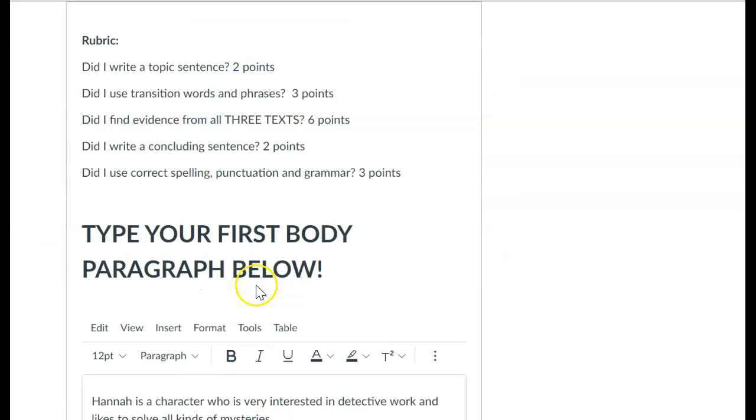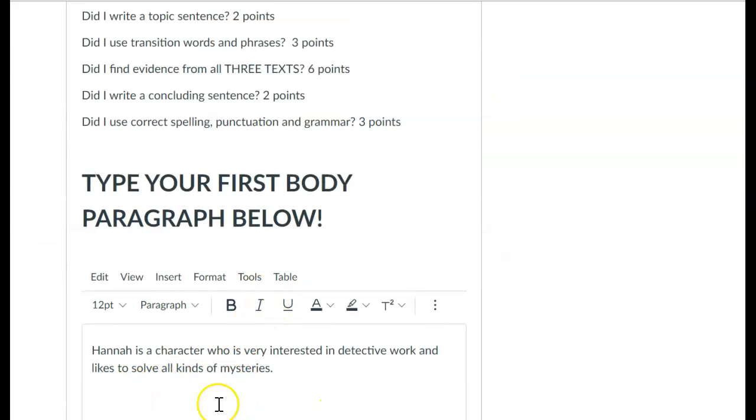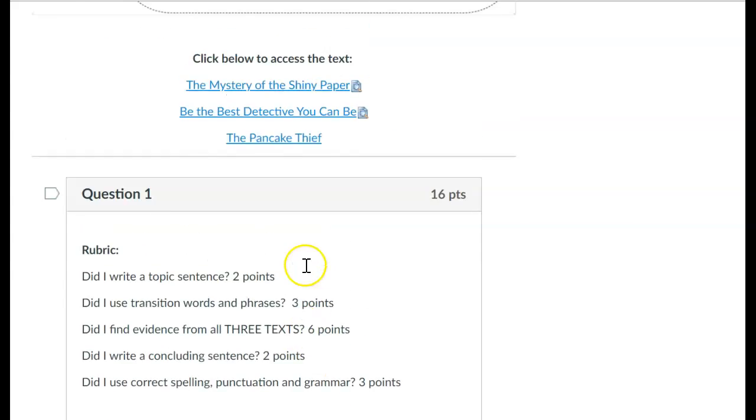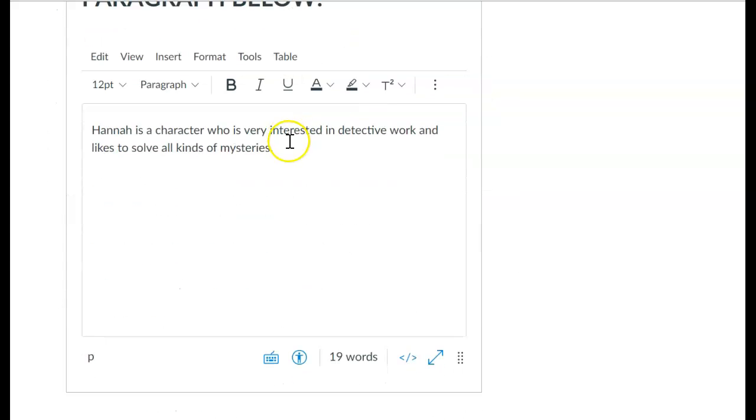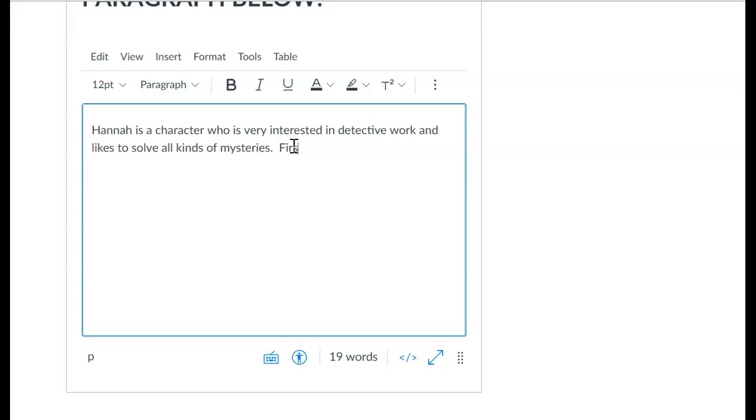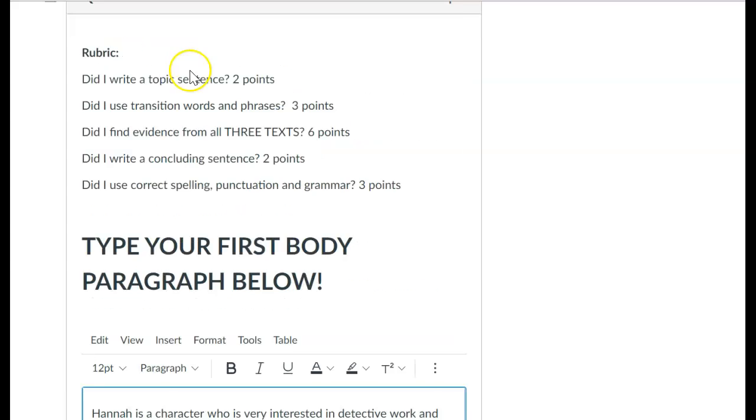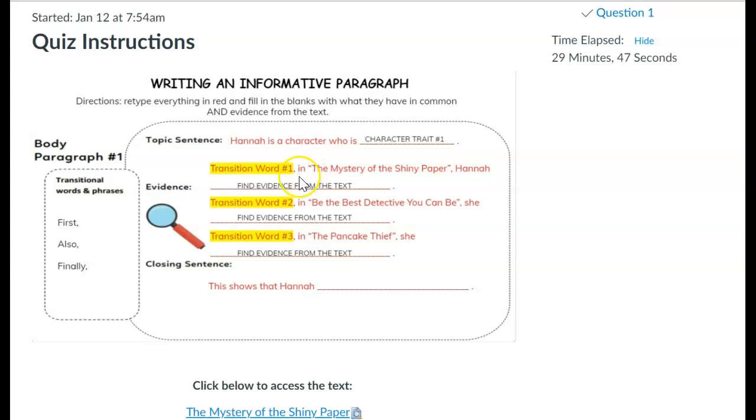Then my next sentence, because remember this is all one body paragraph 1. So we're going to write it in the form of a paragraph. We're not just going to list sentences. I would use my first transition word, and it's followed by a comma. So I would type first, comma, in, and then they put the title of the paper in quotation marks because we're referring directly to that title.